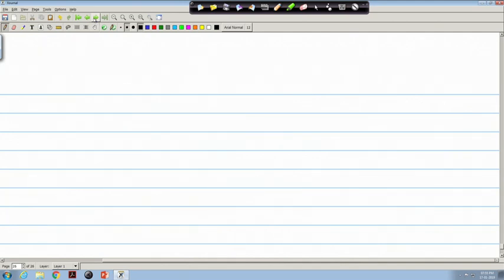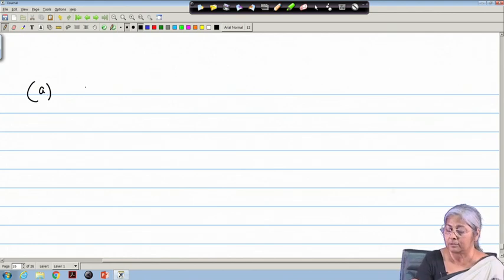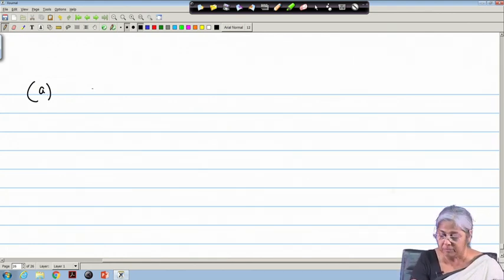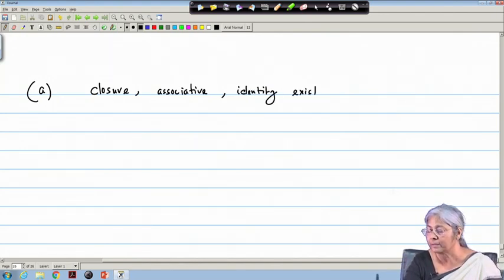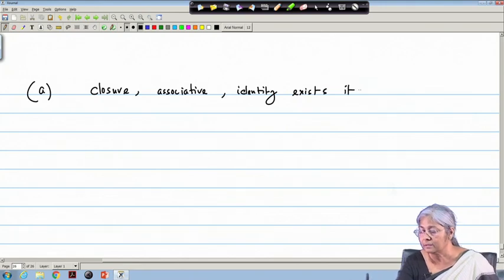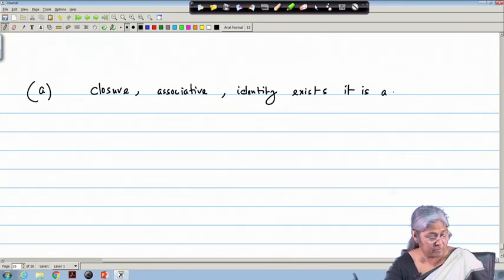So, what do I get? For my A part, the system defined here has the closure property, it holds associativity, and we have already seen that the identity 01 exists. So, it is a monoid.